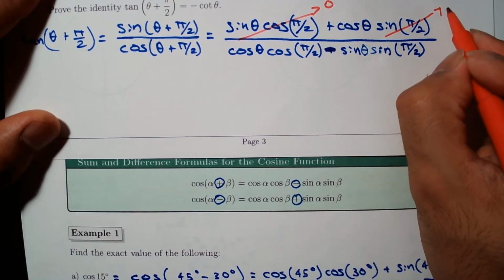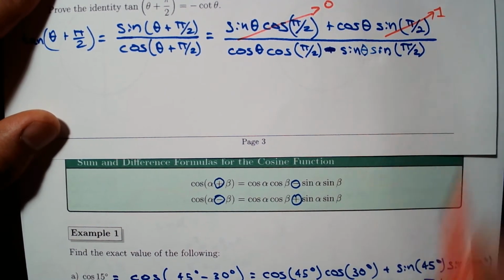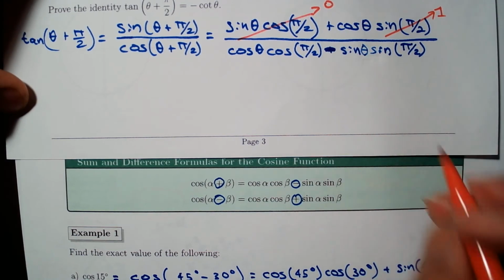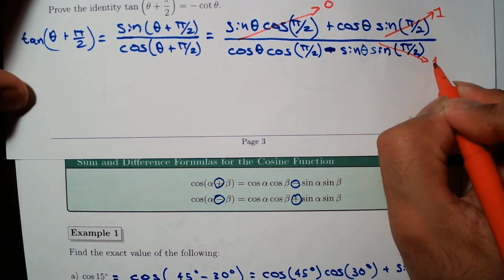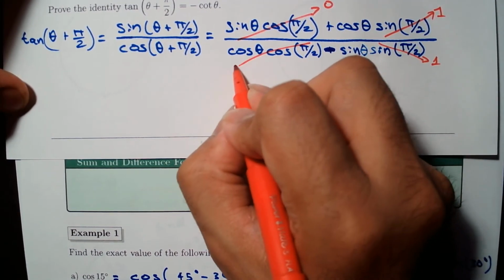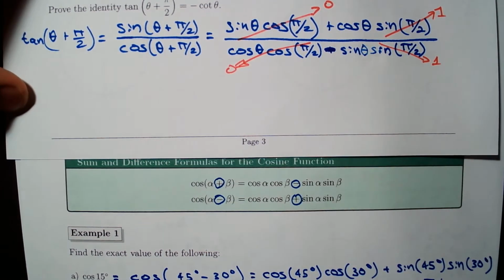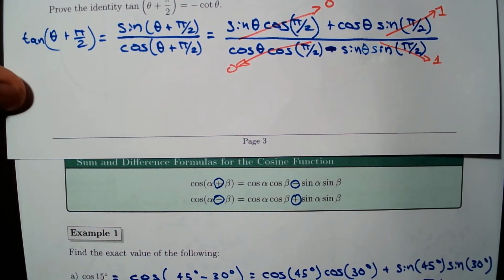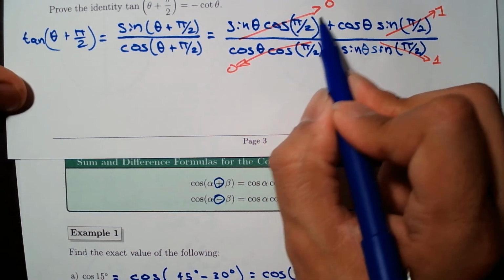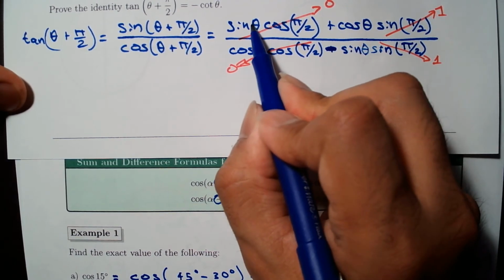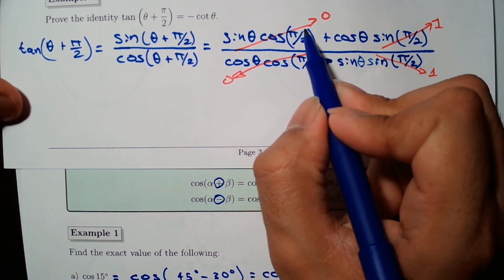And this one right here is going to go to 1. And in this one, the whole thing is going to go to 0, because cosine of pi over 2 is 0 times sine theta, so the whole thing gets zeroed out.